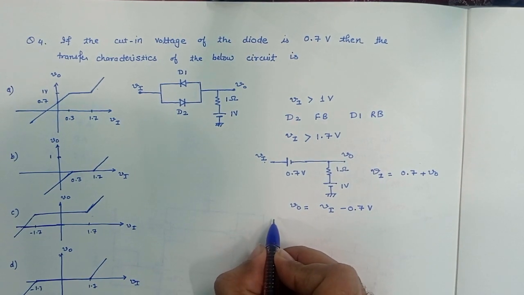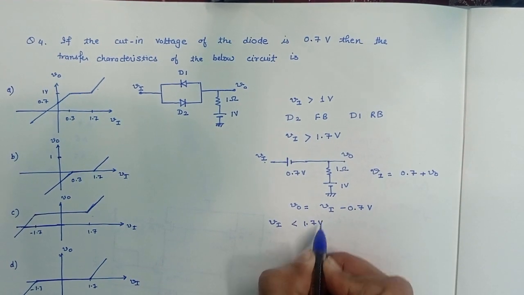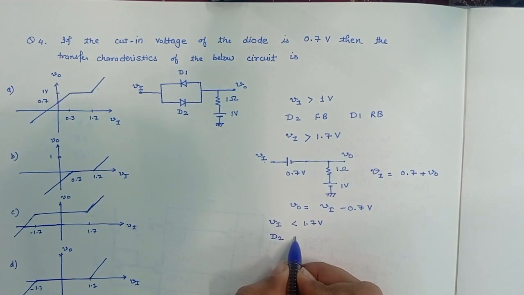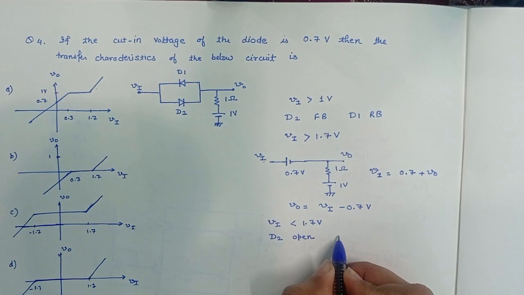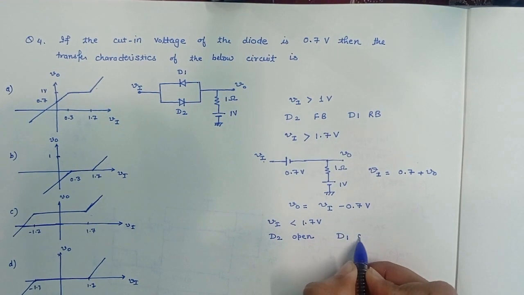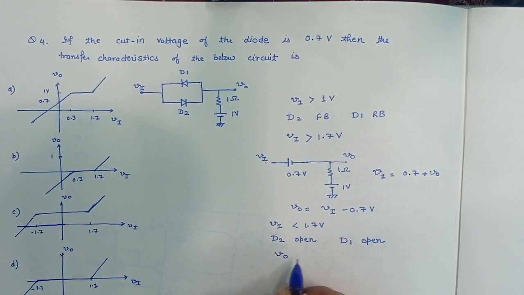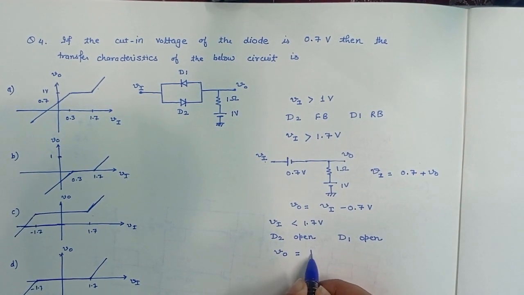Now if I apply voltage Vi less than 1.7 volt, diode D2 will be open and D1 is also open. The voltage V0 will be equal to 1 volt.